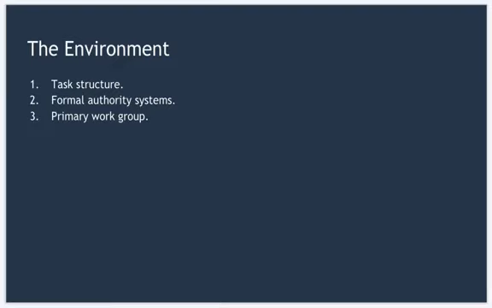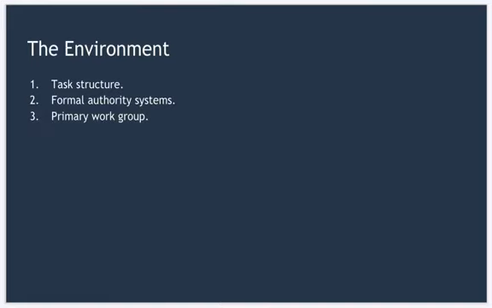Now, these instruct employees on what to do and what not to do in different situations. If the formal authority structure is clear, then leaders should really avoid a directive telling style of leadership. On the other hand, if formal authority structure isn't that clear, then a directive or telling leadership style can be very beneficial.